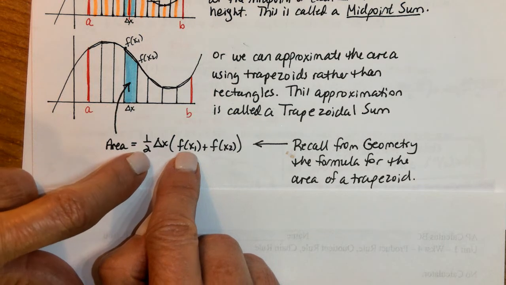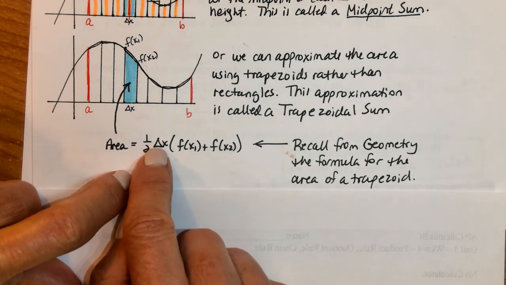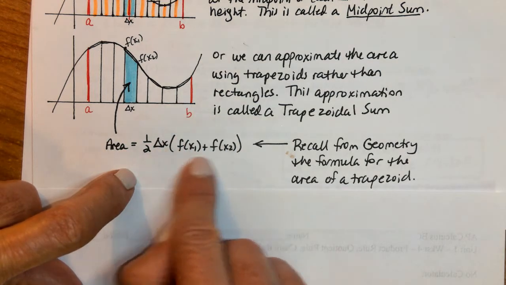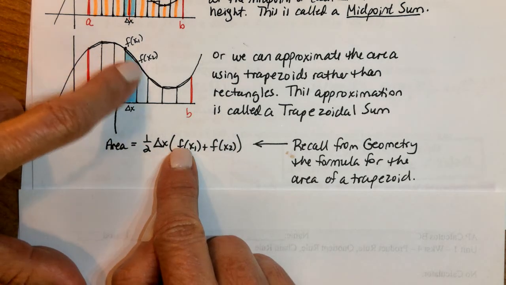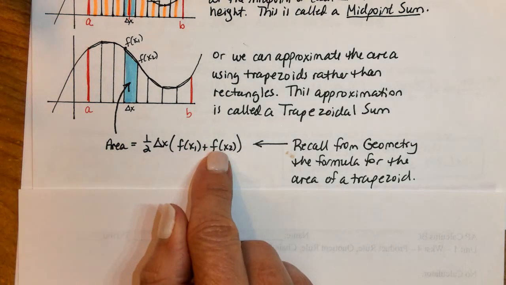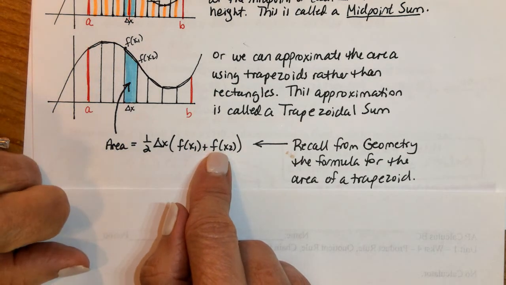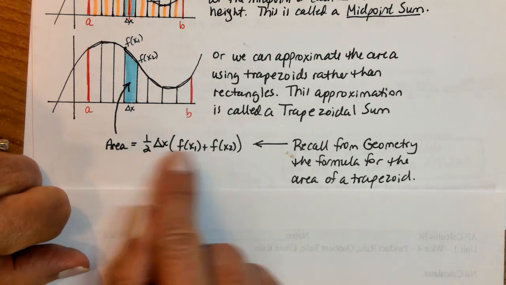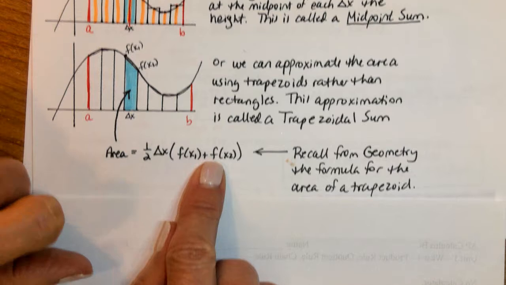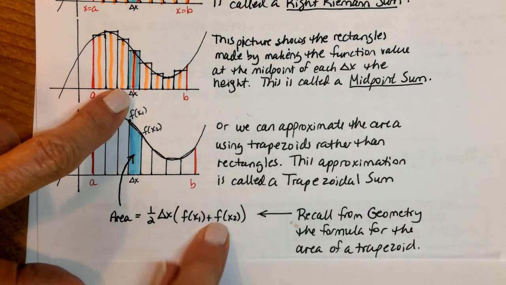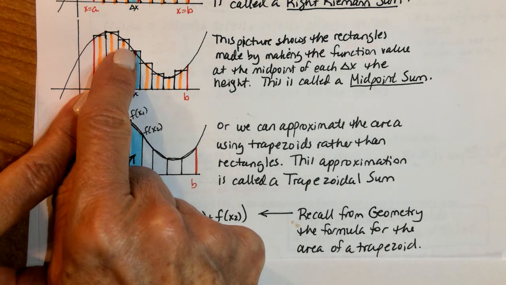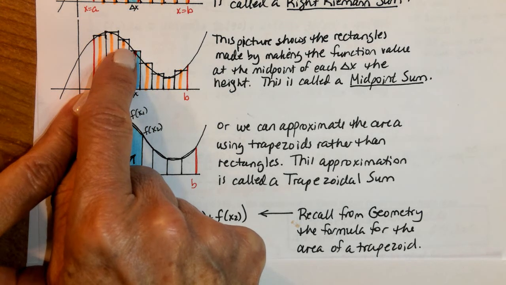Really what you're doing here is taking your base and multiplying it by the average of your two heights. Add the two heights and divide by 2. That's how I like to remember this: the base times the average of the heights. Very different from the midpoint sum, which is the base times the middle height, period. Not the average of your two heights, just the middle height.